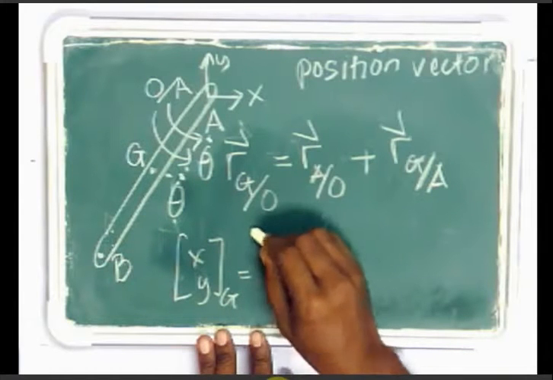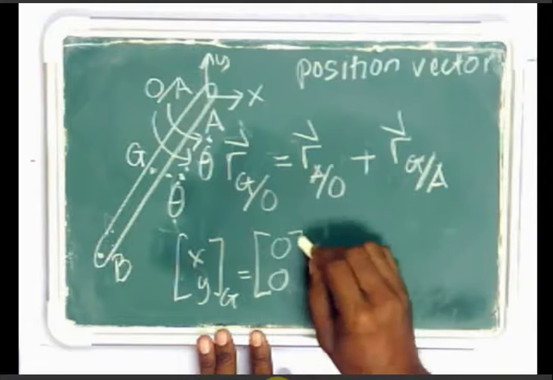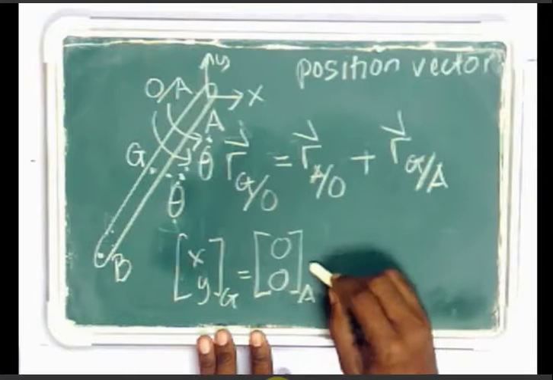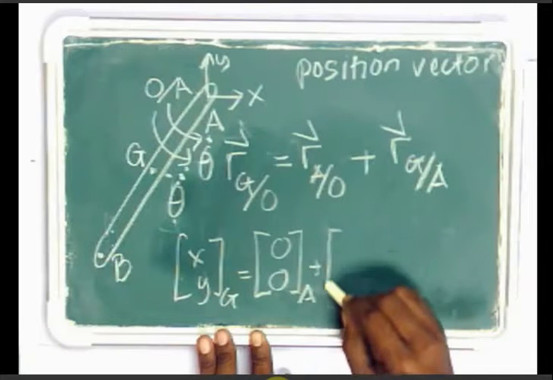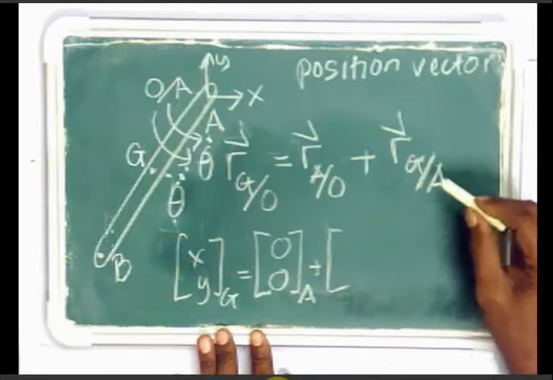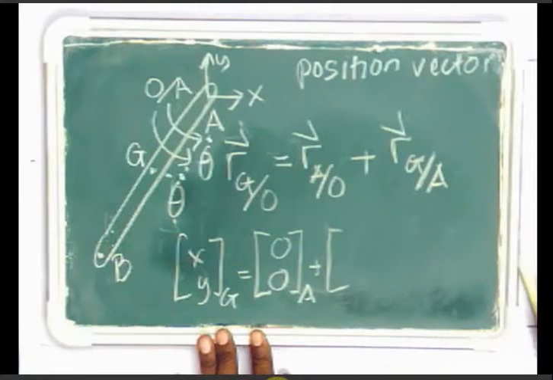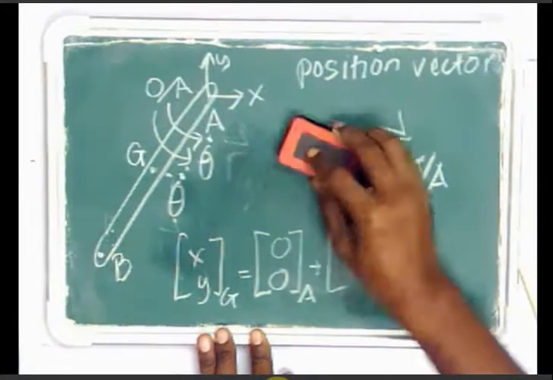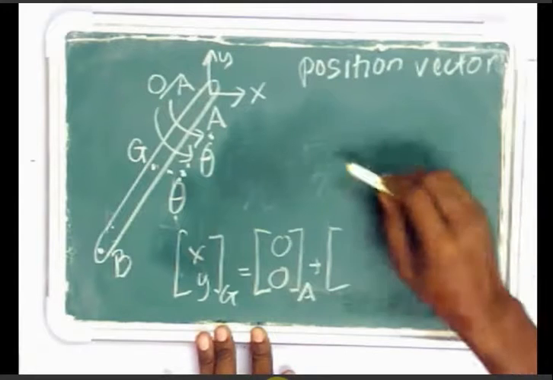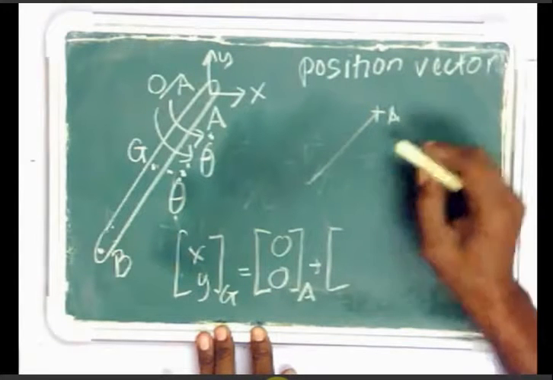This one will be equal to 0 in X direction, 0 in Y direction for point A. And then we have the conversion matrix for point G relative to A. So I'm going to remove this part, and this is position A, right?